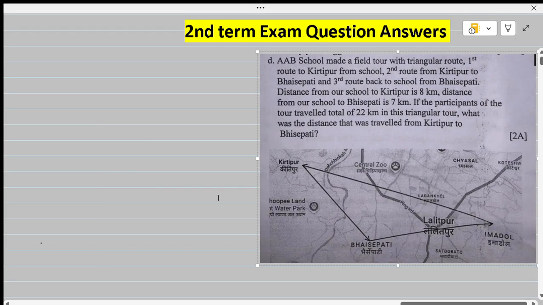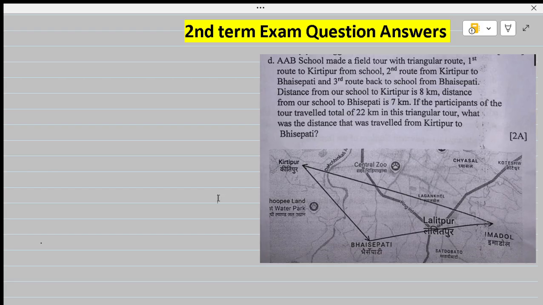Here one diagram is given, and it says a school made a field tour with a triangular route. So the first route it took from school to Kirtipur. The school, here, is in Imadol, right? So here's the school.